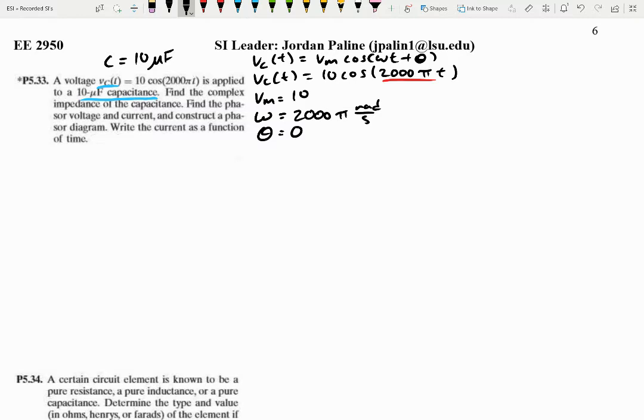Okay? So let's write our phasor voltage. V of C will just be 10 at angle 0 volts. And that is the phasor voltage.